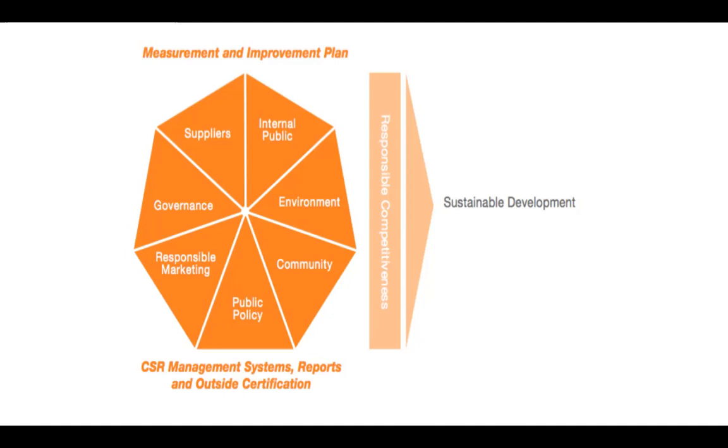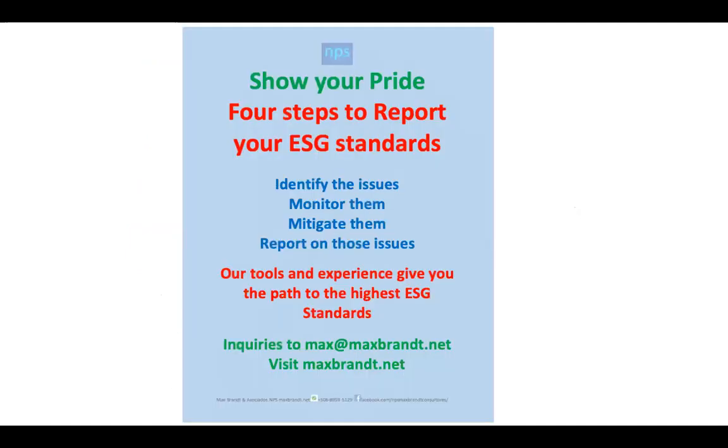So as you can see, you can go through this model, and there's a process where we identify all of these issues. And going back, your first step is to identify the issues, right? And then, do I monitor them?